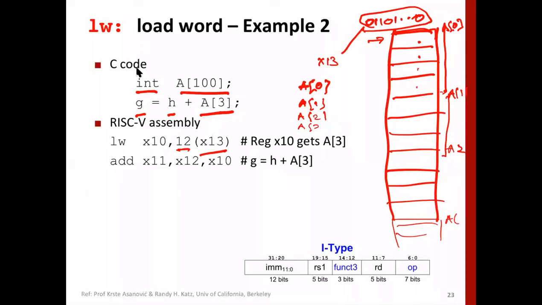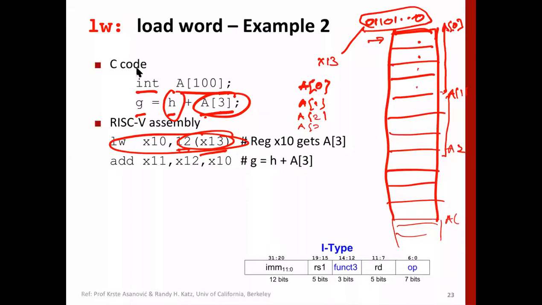Okay, and then what we have got now is this value we have read from memory, and by doing this operation, we put it into a temporary register x10. Next is add to x10 the value of h. So h is in some register.